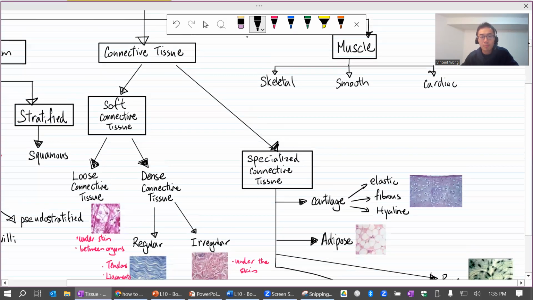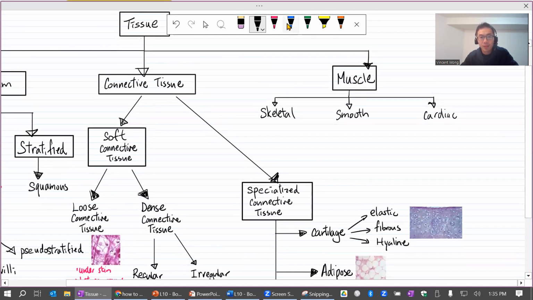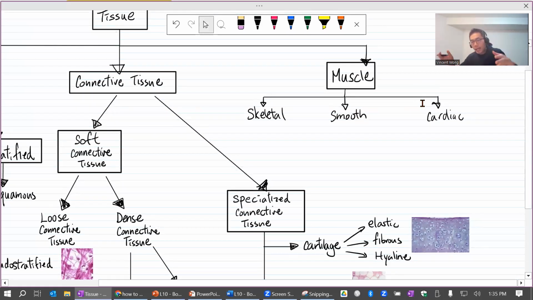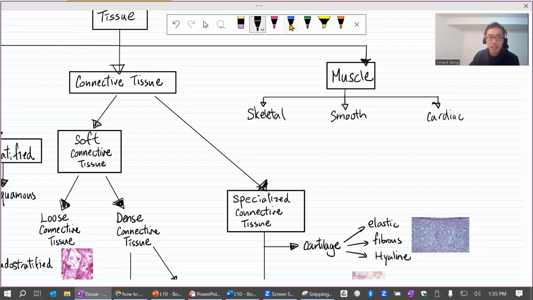Okay, so skeletal muscle. We classify muscle based on 2 things: how they look under the microscope, and whether you can control it or not. For skeletal muscle, we say they are striated. Now don't confuse striated with stratify.